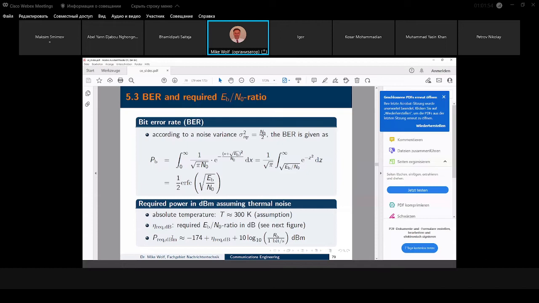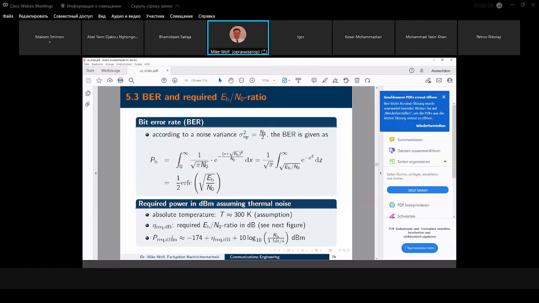Often you use 1 milliwatt as the reference power. This means if your required power is 1 milliwatt and I refer it to 1 milliwatt, I get 1, and the logarithm is just 0. So this would be 0 dBm: you need 1 milliwatt. If you need minus 30 dBm, you need a thousandth of 1 milliwatt.